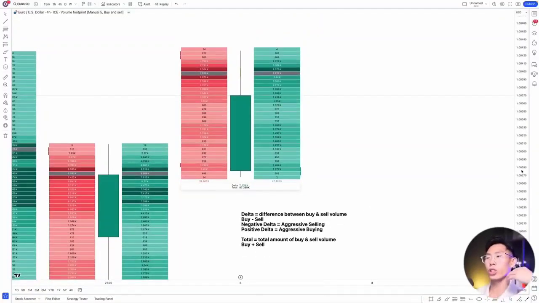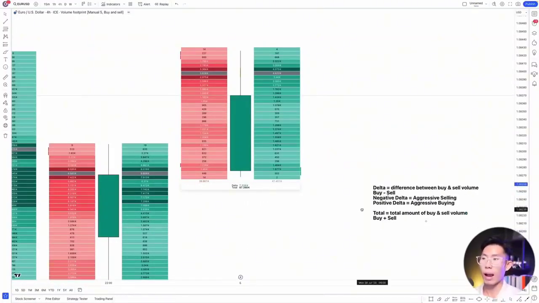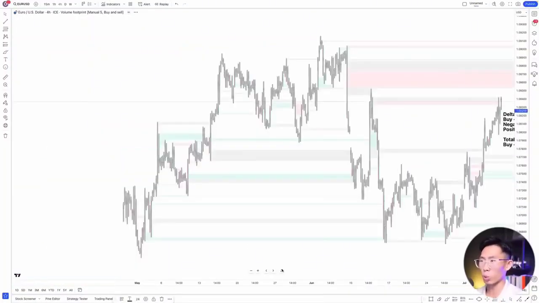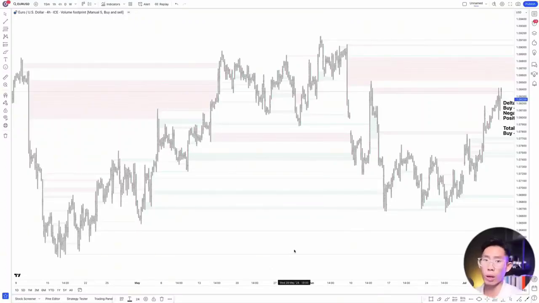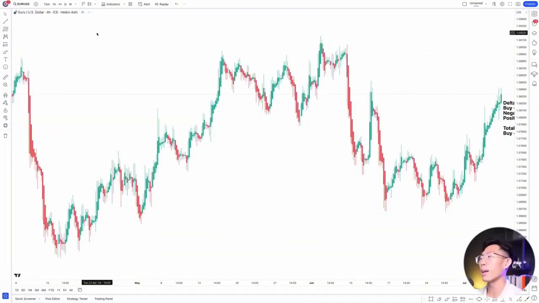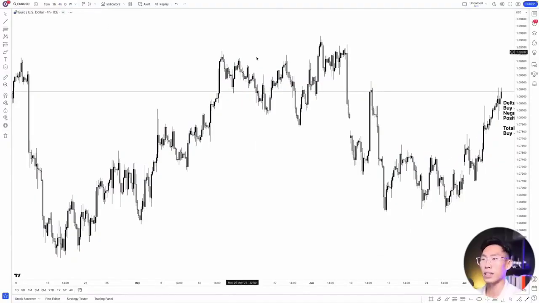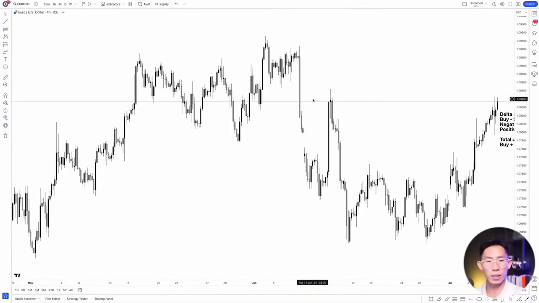Now let's talk about how to actually trade it, how to add it into our trading arsenal. First things first, this is a very important thing to note: I don't really like to jump straight into the footprint charts, because this is what your charts will look like. If you jump straight into the footprint charts, it's very hard to understand what's actually going on. So what I like to do is start off by analyzing my charts on a normal candlestick chart.